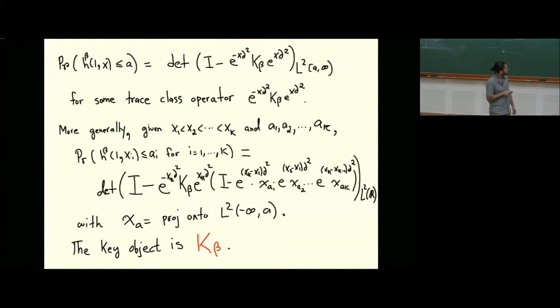More generally, if you look at the joint distributions of h at various locations, you will get a more complicated looking Fredholm determinant that also involves heat kernels, projections, where chi is a projection, and also this mysterious object k beta. At the heart of all of these formulas is this operator k beta. So these are all Fredholm determinants of simple looking heat kernels and something involving this new object k beta.